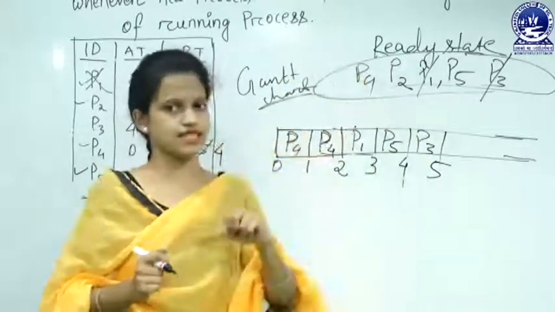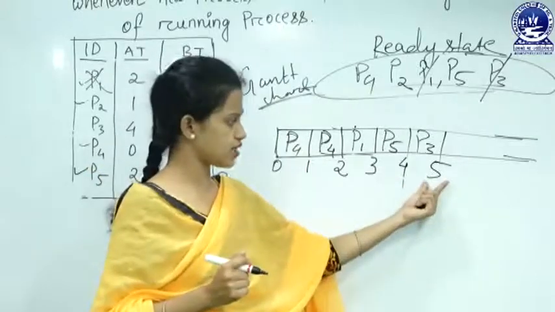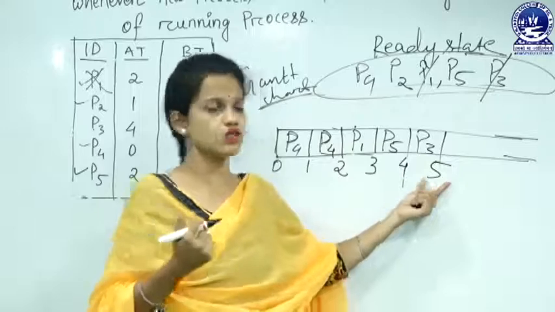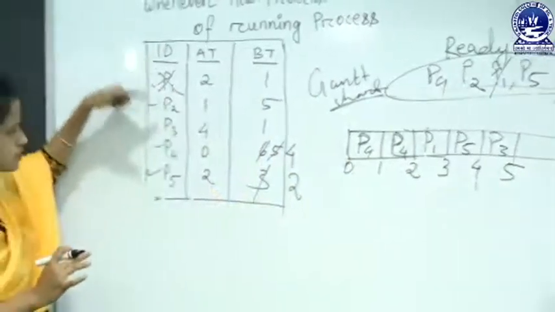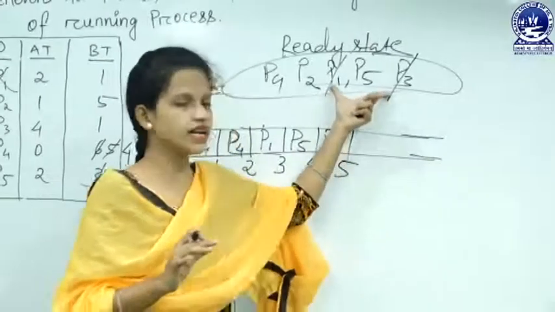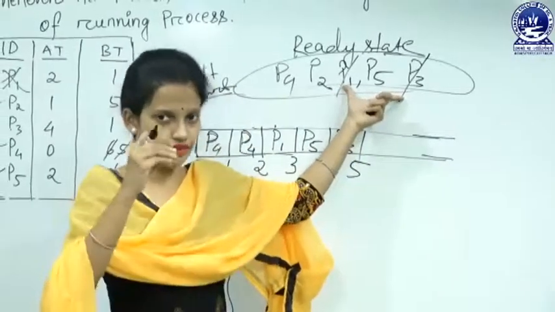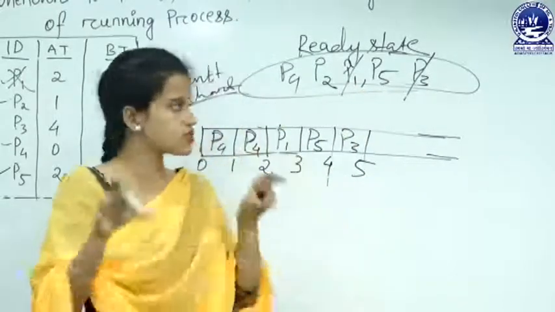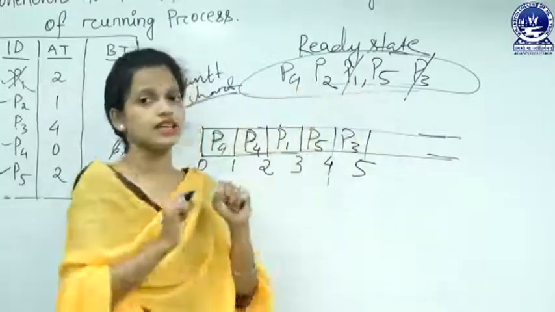At 5 milliseconds, because there is no process newly arrived at the ready state, we have only 5 processes, and among the 5 processes, 2 have already been completed. We have reached a point at 5 milliseconds where all the processes are in the ready state.